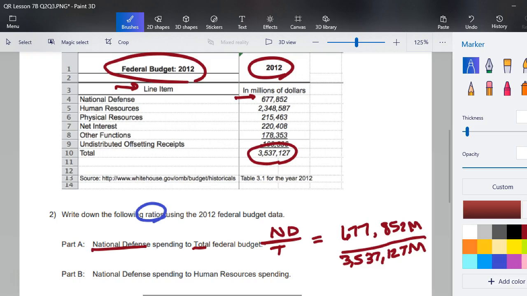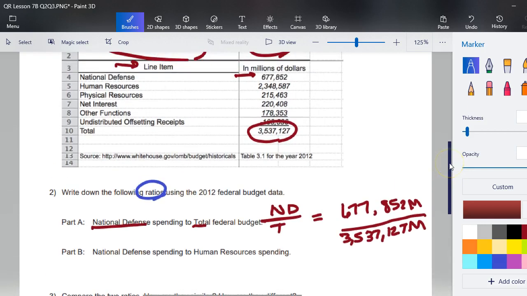So now I'm going to go to Part B. Part B is asking me to write national defense to human resources. National defense is still the 677,852, but this is in millions. And again, I'm neglecting my dollar signs.